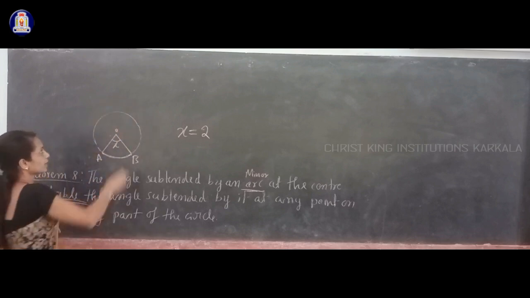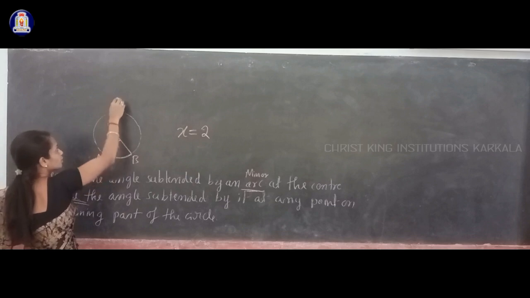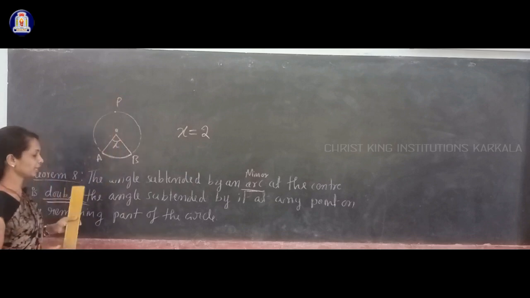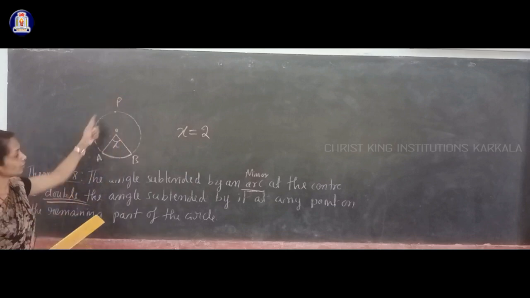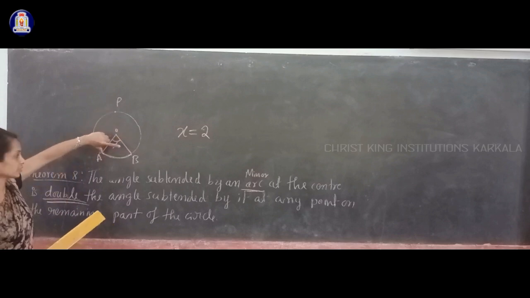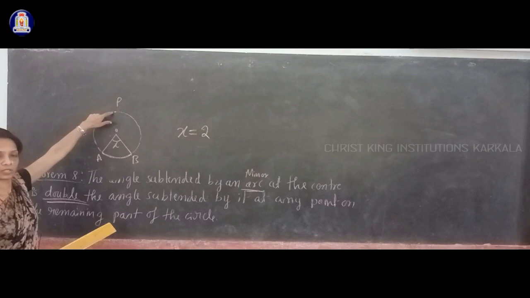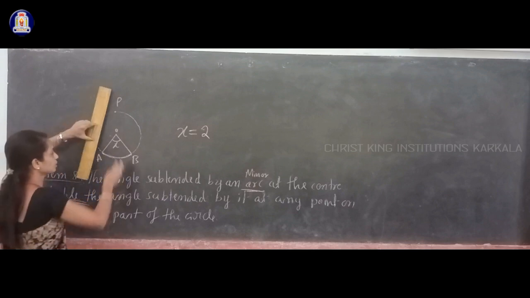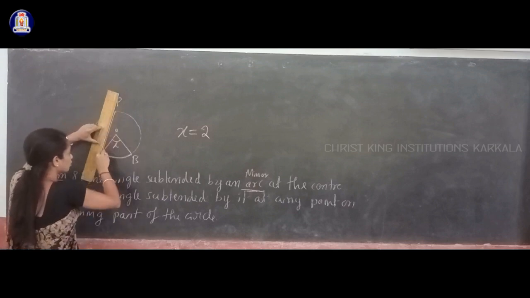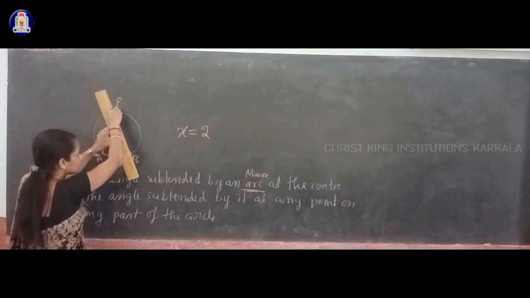So, in that, you take one point, any point P, on the remaining part of the circle. If you consider the minor arc, then the remaining part of the circle is the major arc side. On that side you take one point and join that point P with the ends of this minor arc.